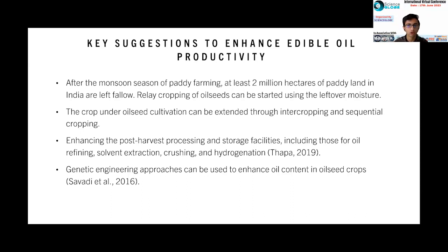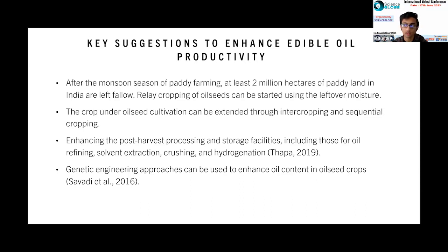First, we can follow relay cropping. For example, paddy in South India is basically cultivated during the monsoon season, from August to January, and after that the land remains empty until the next season of paddy cultivation.